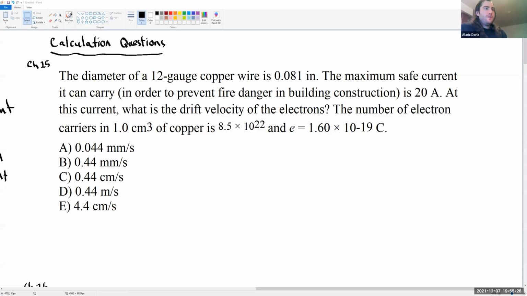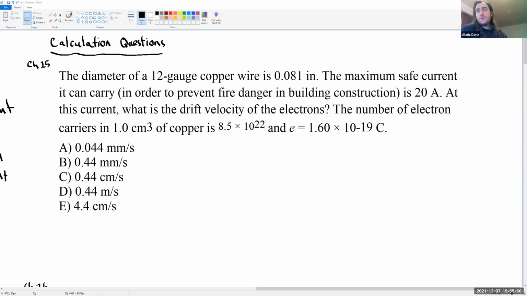All right, we're here with our first calculation question out of chapter 25. The diameter of a 12 gauge copper wire is 0.081 inches. The maximum safe current it can carry in order to prevent fire danger in building construction is 20 amps.